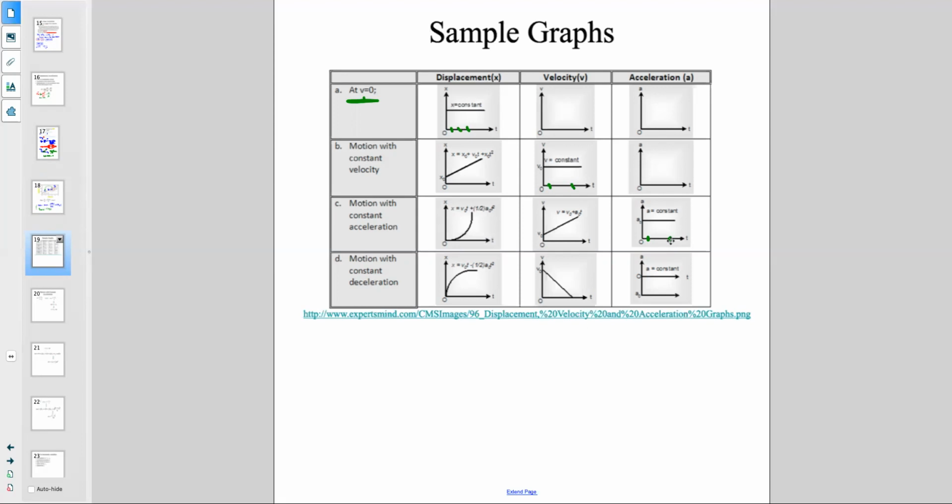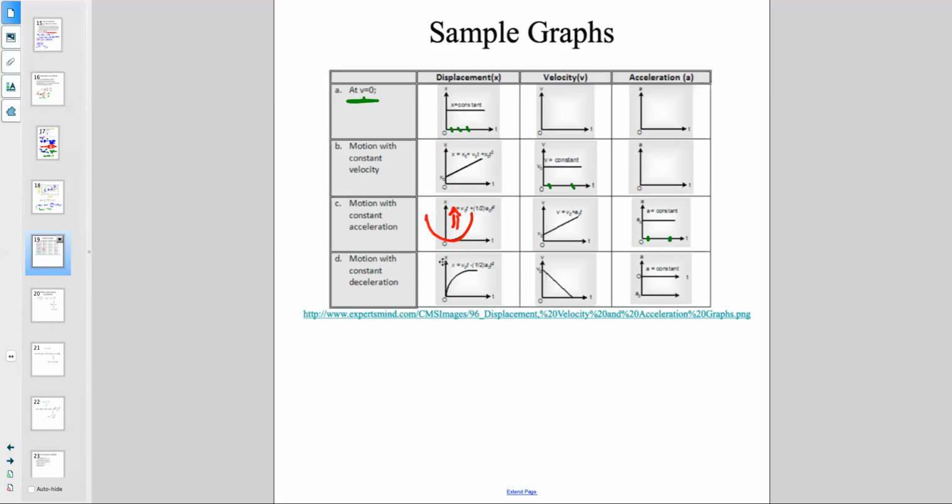And motion with constant deceleration, meaning that it is not gaining speed, it's losing speed, decelerating, will have the same types of graphs, but the curvatures for those graphs are not the same. What do I mean by that? Here the curvature is up. See, it is curved like this.